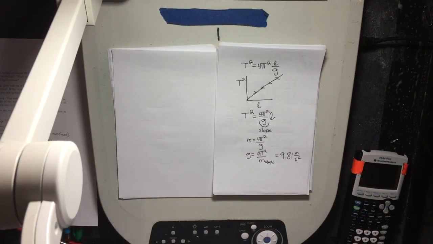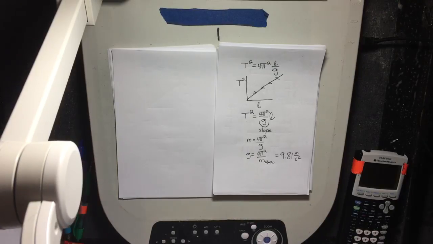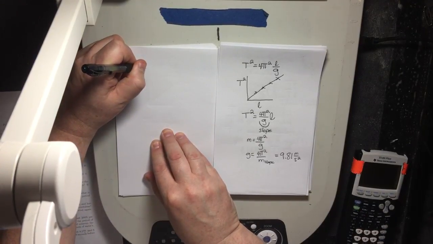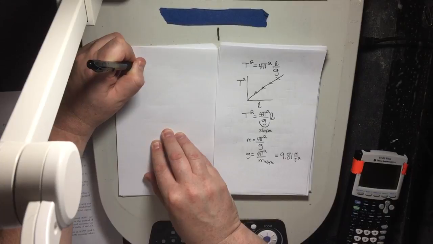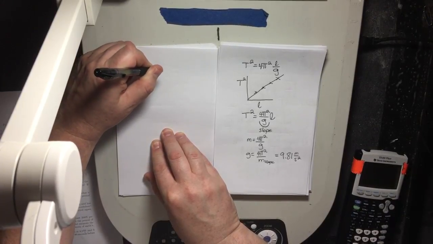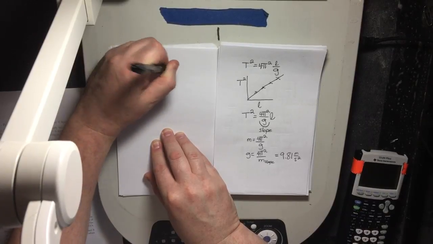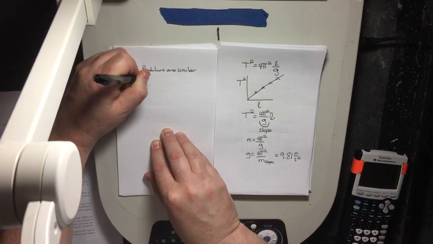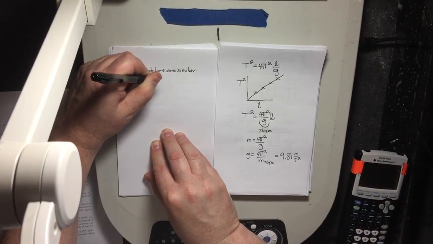So there you have it. Those are the two simple types of pendulum. Trying to think. Oh, one last thing before we go, and then we'll be ready for all of the stuff. Pendulums are similar to waves.